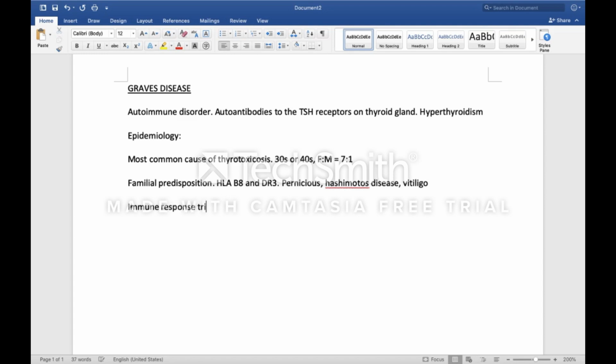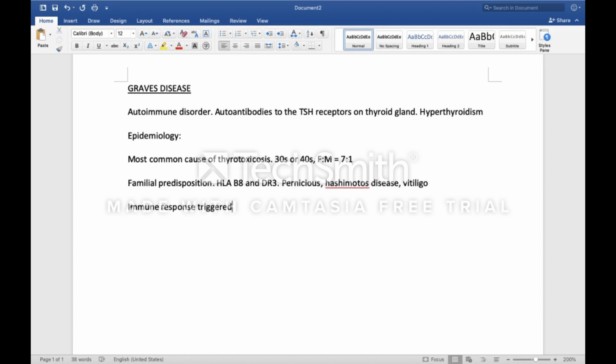I told you the immune response is triggered in certain conditions, so this condition will become more evident in these patients. One thing I wanted to mention here which must be remembered about Graves' disease.